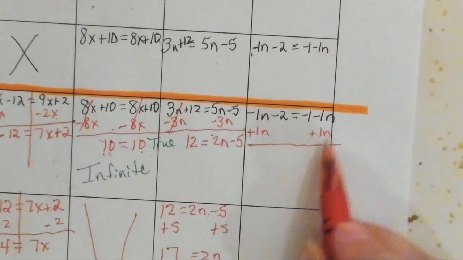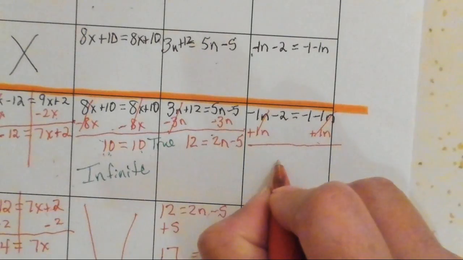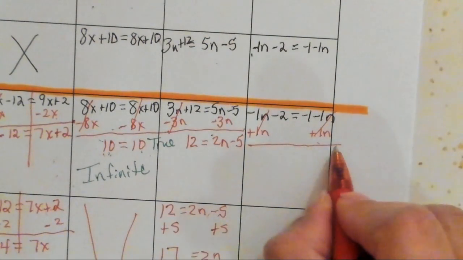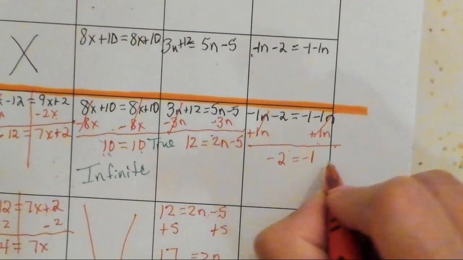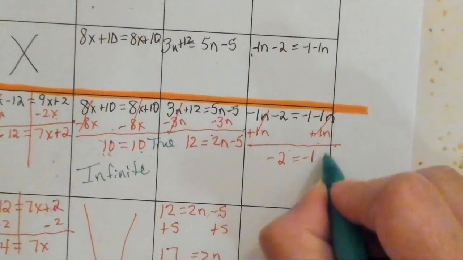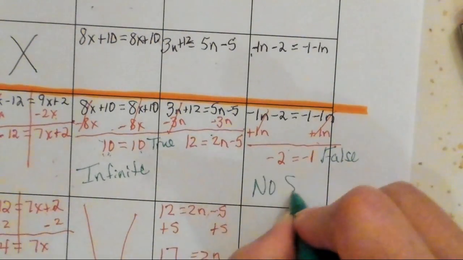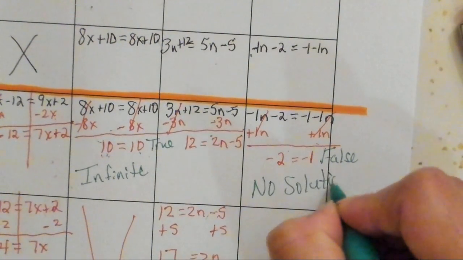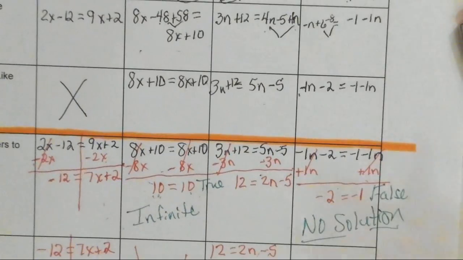So if I add 1n in, again, this is one of our special situations. They cancel out on both sides, and I'm left with -2 equals -1, which is a false statement. That is never true. So the interpretation here is this problem has no solution. That means there's no number in the world that would work.